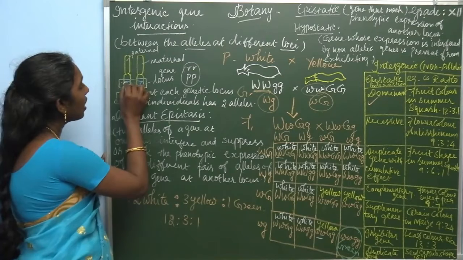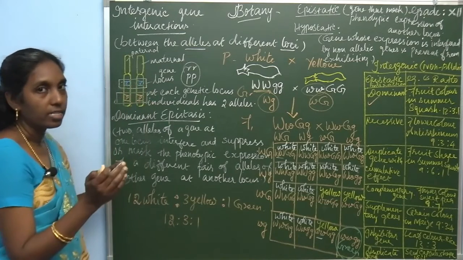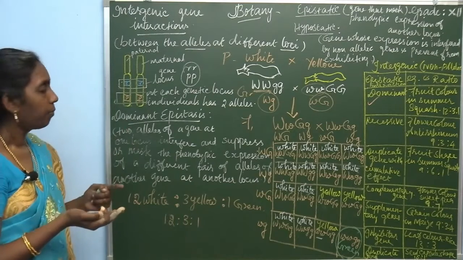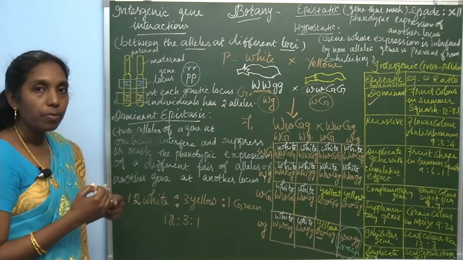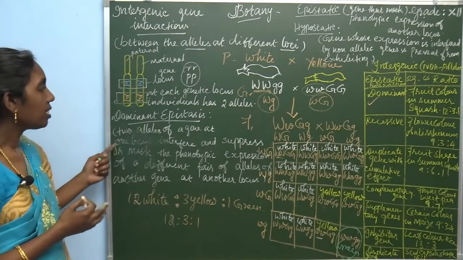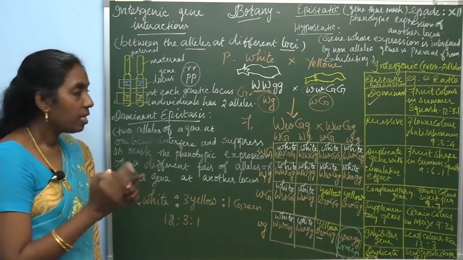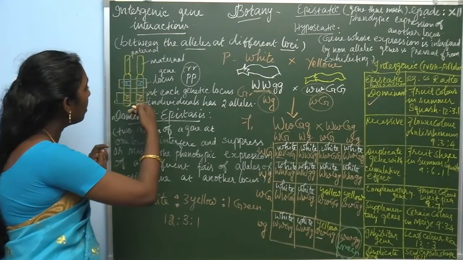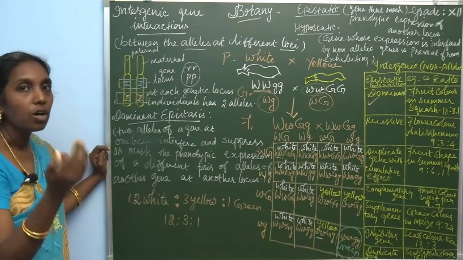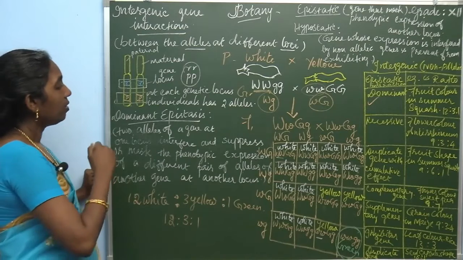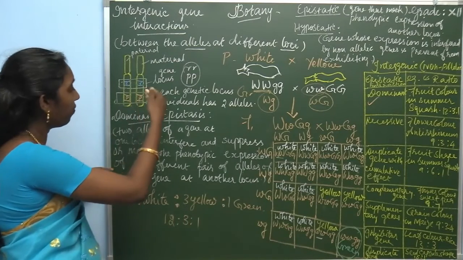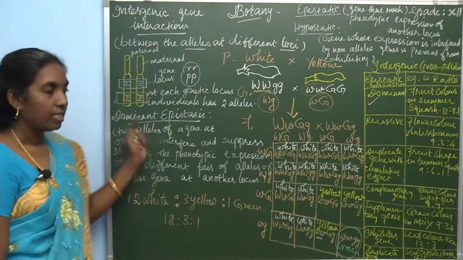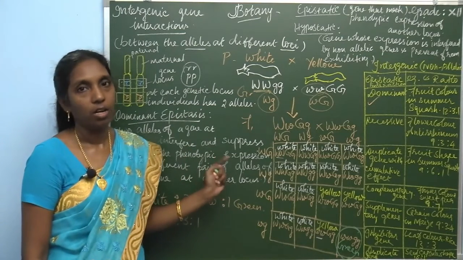And dominant epistasis: the two alleles of a gene at one locus interfere with and suppress or mask the expression of the different pair of allelic forms of another gene at another locus.